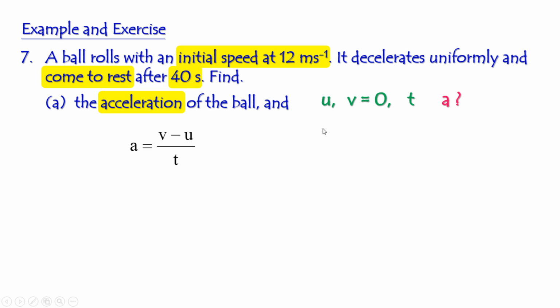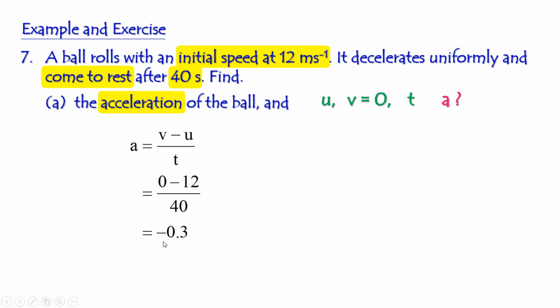So you put all the numbers into the correct places. A is equal to the final speed 0, minus the initial speed 12, divided by the time taken, 40. Then use your calculator. 0 minus 12 is minus 12, divided by 40. It should be equal to minus 0.3.